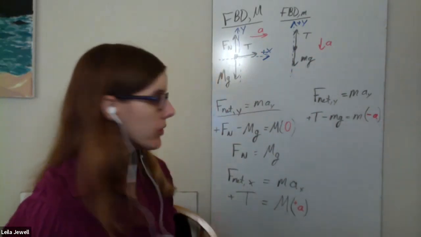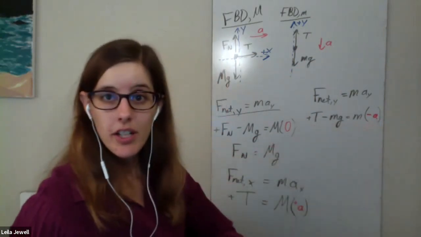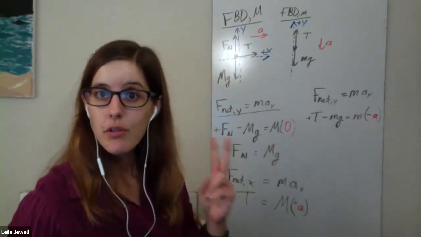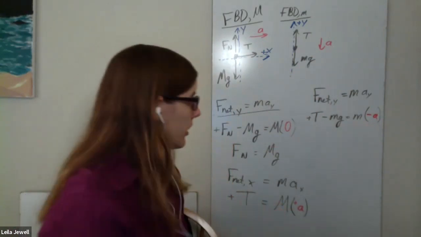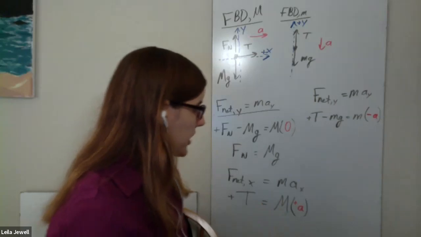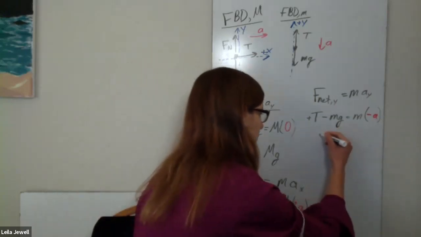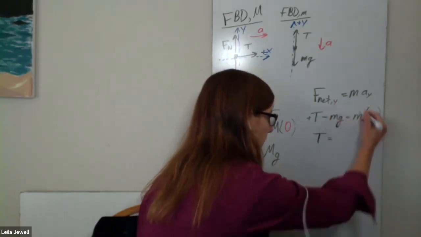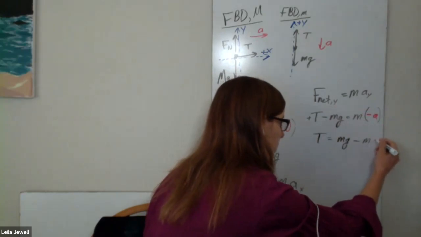So we now have another equation that has tension and the same acceleration. We have two equations, two unknowns. We can now eliminate one of the unknowns to solve for the other. If we want to solve for tension first, I can solve this top one for tension. T is equal to, I'll add the mg to the other side, little mg minus little ma.